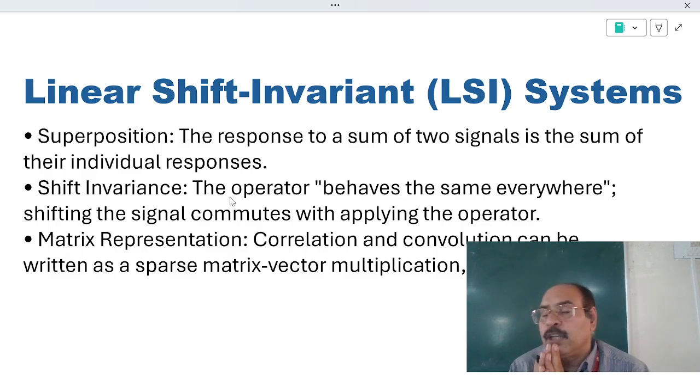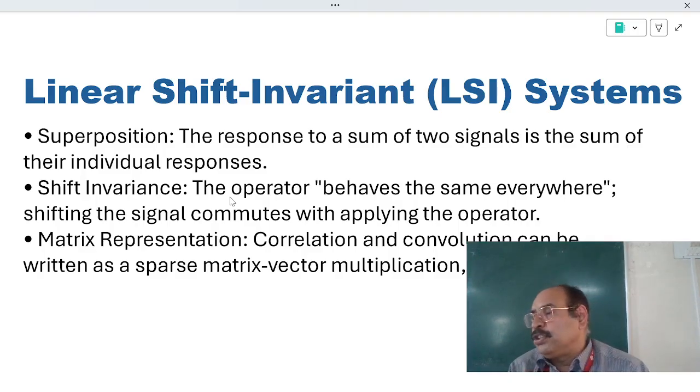In superposition, the output is the sum of the individual responses of the two signals. Shift invariance means that if you shift certain pixels from one point to the other, there is not much change in the behavior.